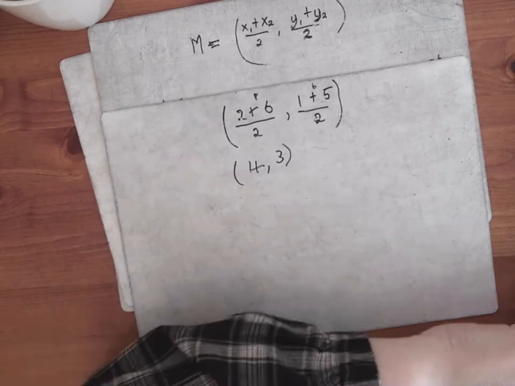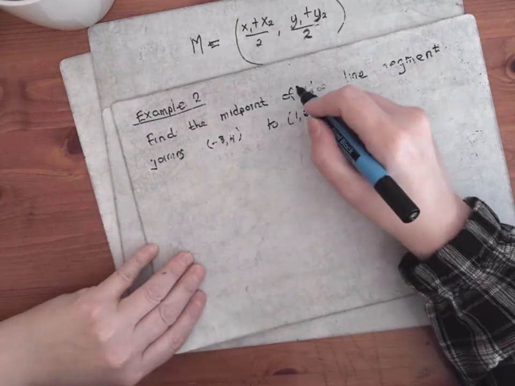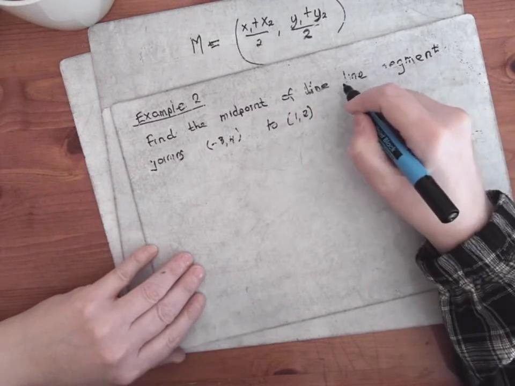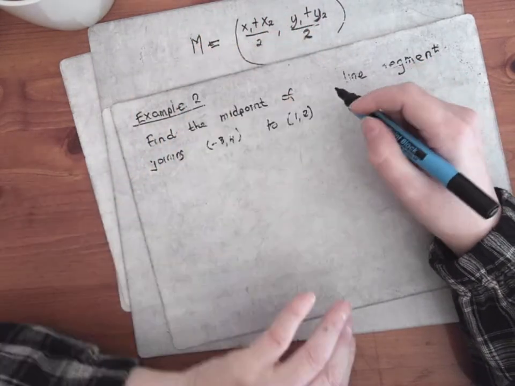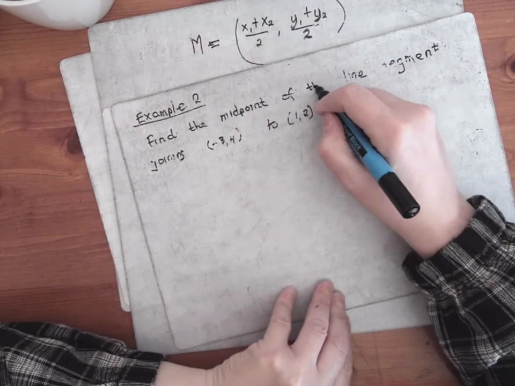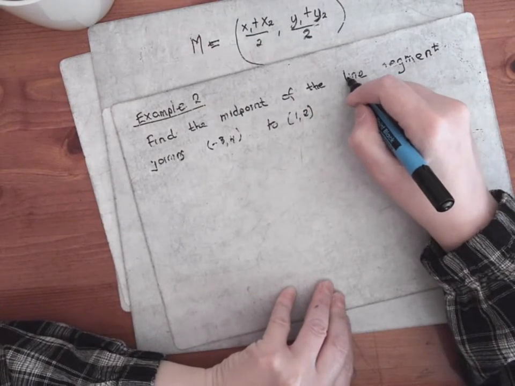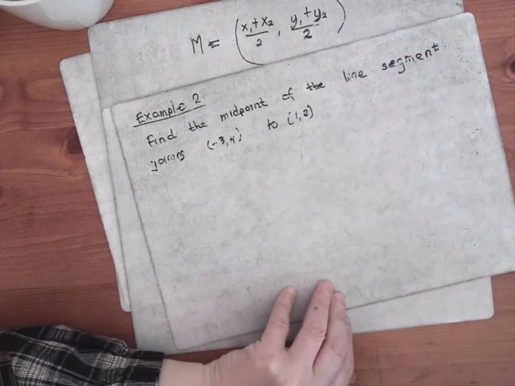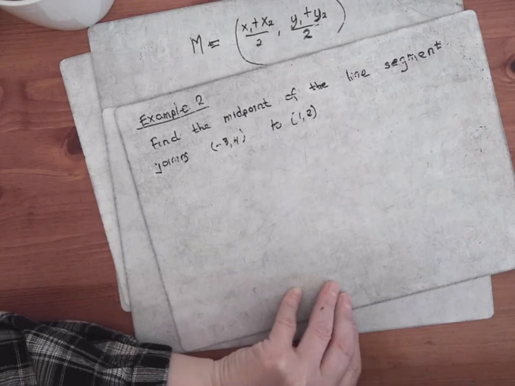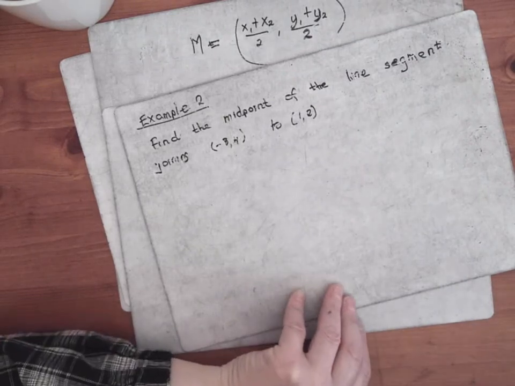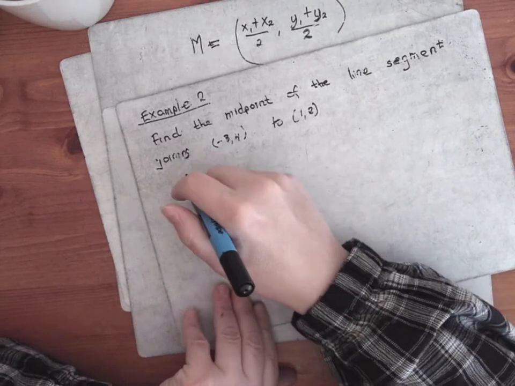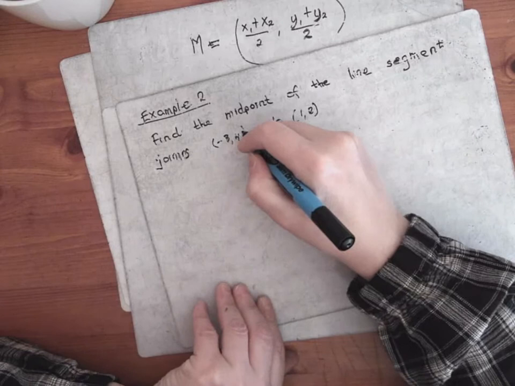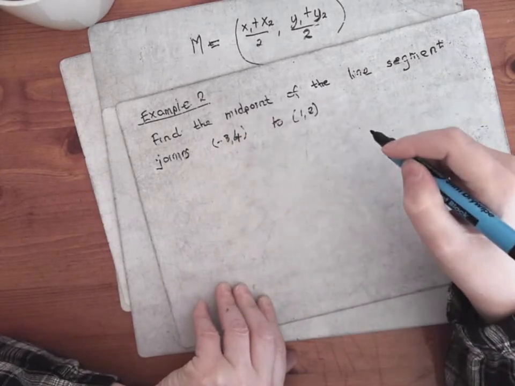For example 2. So example 2 is: find the midpoint of the line segment joining minus 3, 4 to 1, 2.